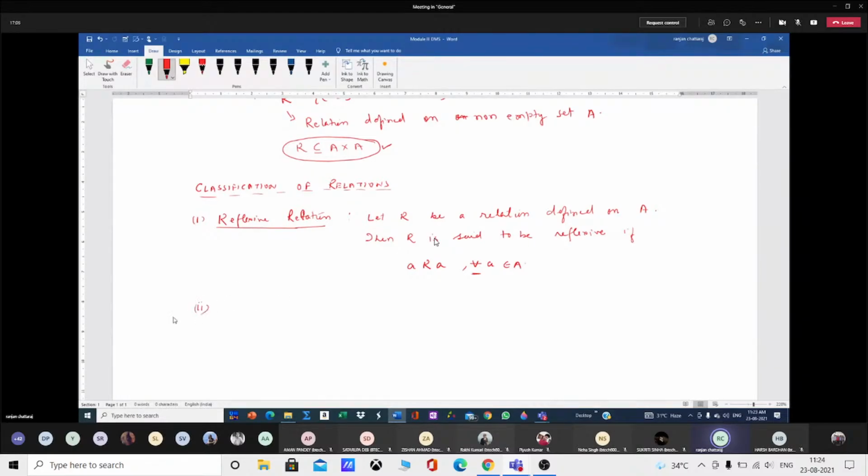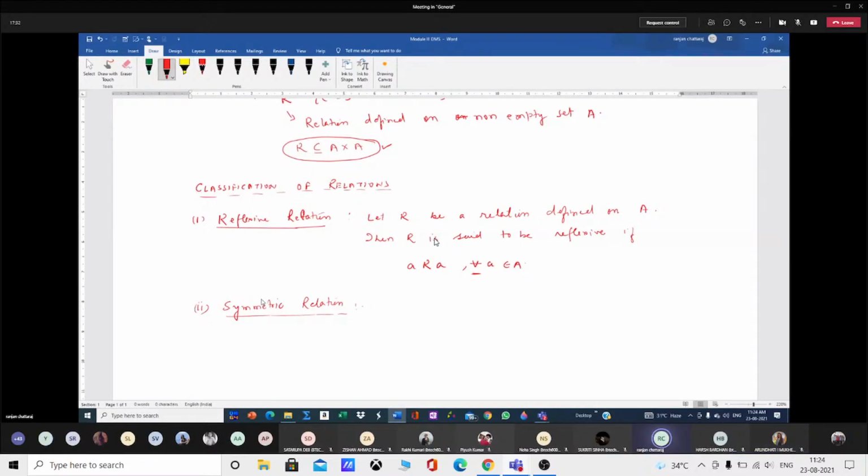The next one is the symmetric relation. So what is a symmetric relation? Can anyone define? A belongs to B and B belongs to A, that one.